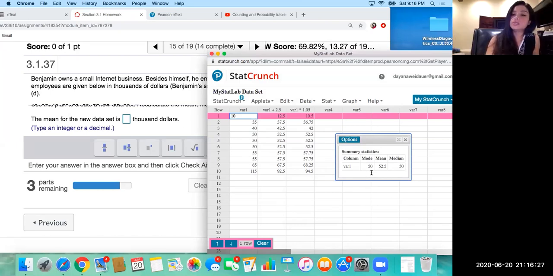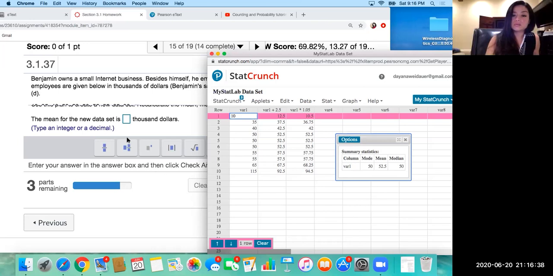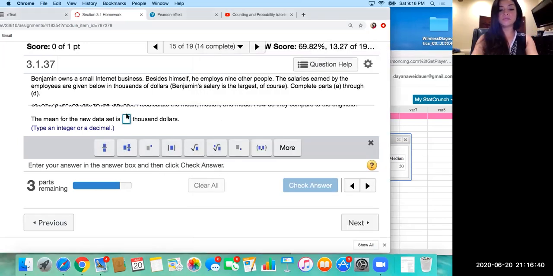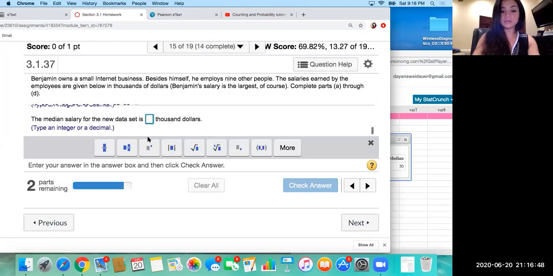So the mean changed to 52.5. They changed by 2.5. And then the median. So the mean is 52.5. Okay. The median is still 50.